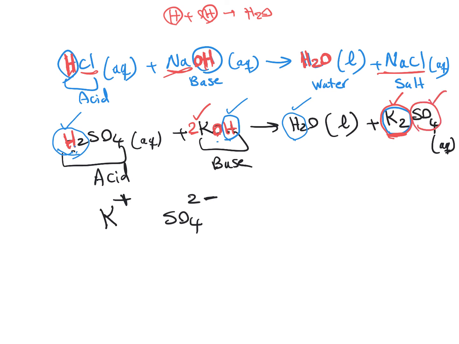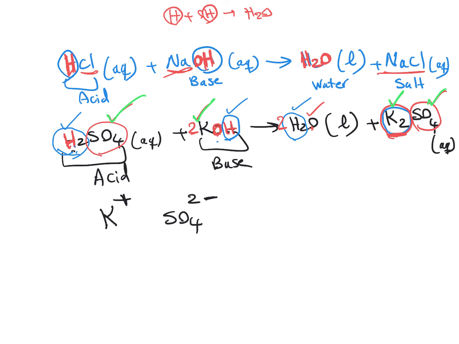I have 1 on the right, 1 on the left. And what about oxygen? I have 1 on the right, but I have 2 on the left, so I put 2 here. So let's check again. I have 2 potassium on the right, 2 potassium on the left. I have 1 SO4 on the right, 1 SO4 on the left.